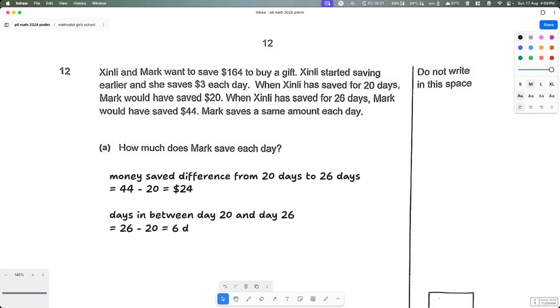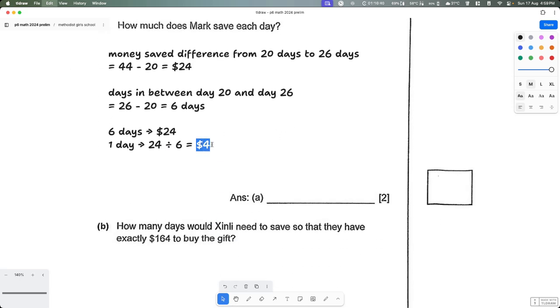So that means 6 days is equal to $24. Then 1 day is equal to 24 divided by 6, which is $4. So Mark saves $4 each day. Okay, part B.